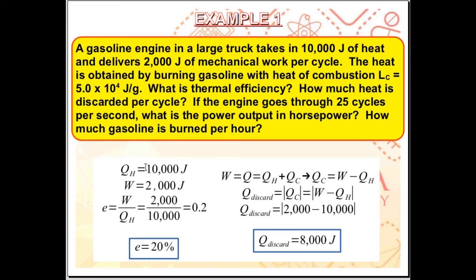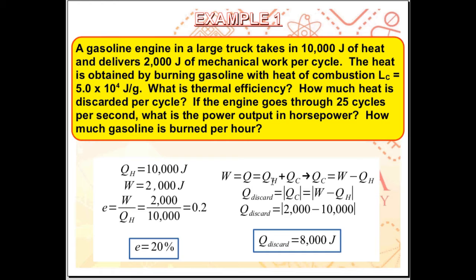And we know QH as well as W, so we are able to calculate the thermal efficiency to be 0.2 or 20%.